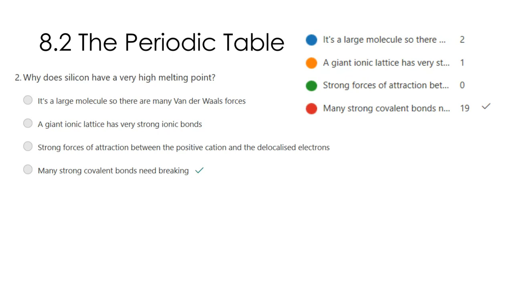In a giant covalent structure, there's only one molecule, because it's all one big, massive molecule. Therefore you can't have van der Waals forces, because all you've got is covalent bonds between the atoms. And one of you talked about a giant ionic lattice. An ionic lattice has to be in an ionic compound, and silicon is an element, so it can't have ionic bonding.